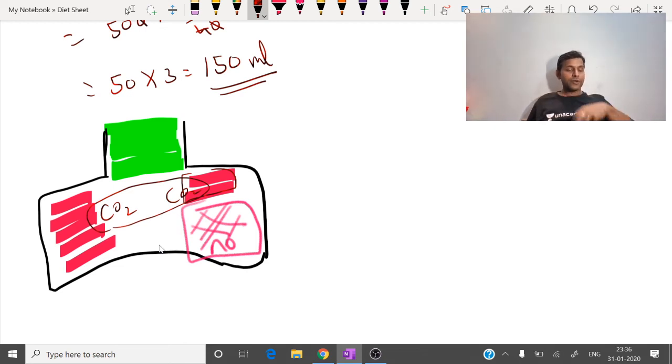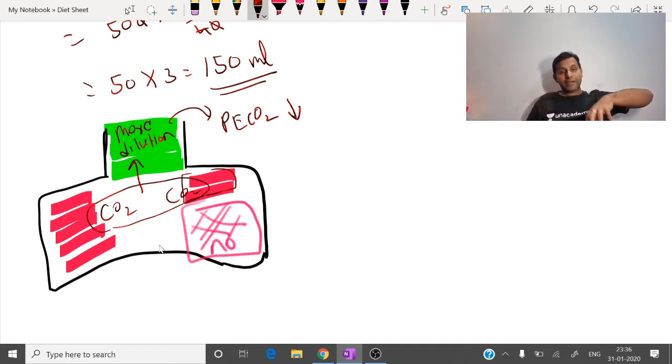If lesser than normal carbon dioxide is getting accumulated, then when that CO2 goes into the dead space volume, it will have more dilution, and when there is more dilution, the PeCO2 will be less. So decreased PeCO2 is an indication that some part of the lungs where exchange should occur is not actually participating in exchange of gases.